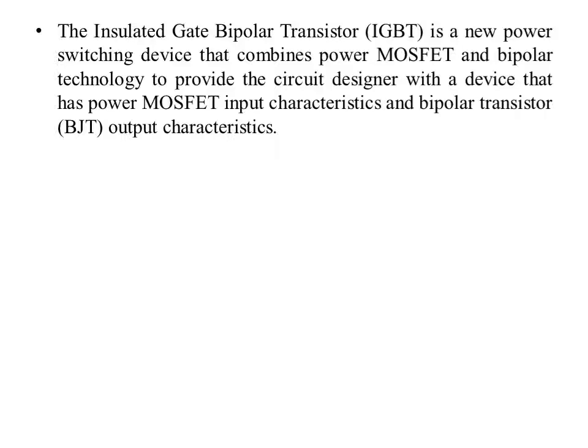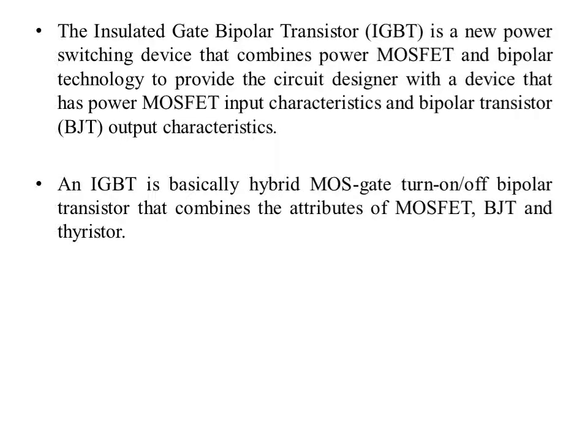So, IGBT is a combination of MOSFET and bipolar transistor. At the input, we get the characteristics of MOSFET, and at the output, we get the characteristics of BJT.